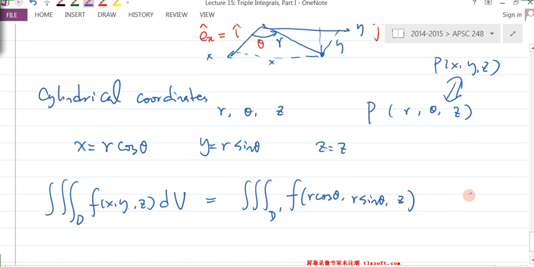Now the question is, remember in the polar, this is going to be dr, d theta, dz, that kind of structure, because we're using r, theta, z here, right? So what should be put here? What should be put here?